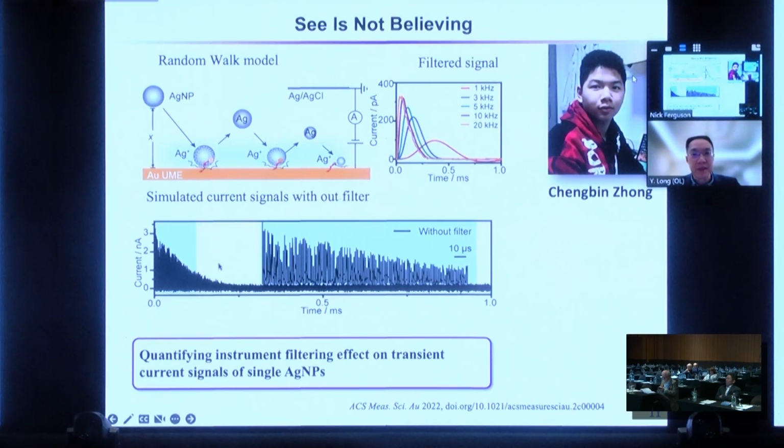So I think Christine long time ago showed some information that high bandwidth is very important for electrochemical measurements. And here we just do some calculations to see that the filter is very important to measure the current.